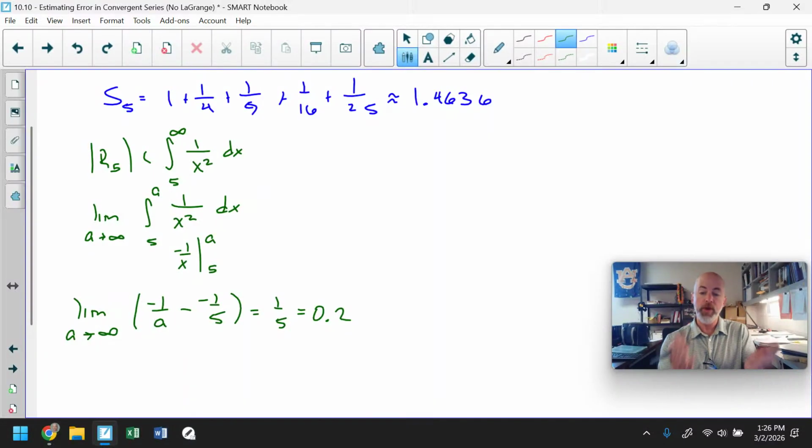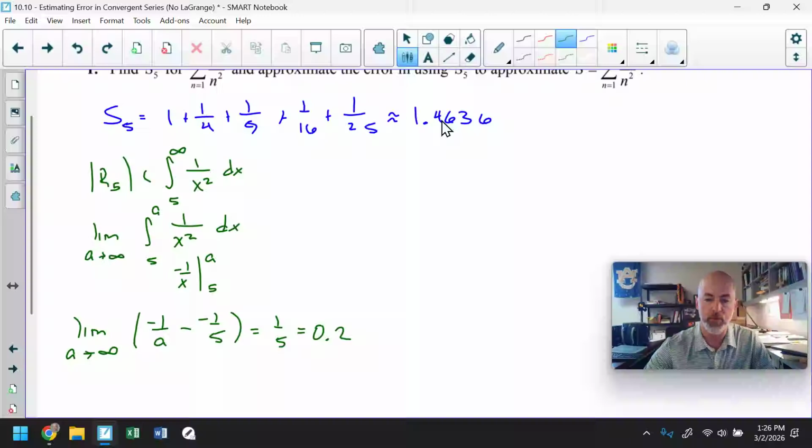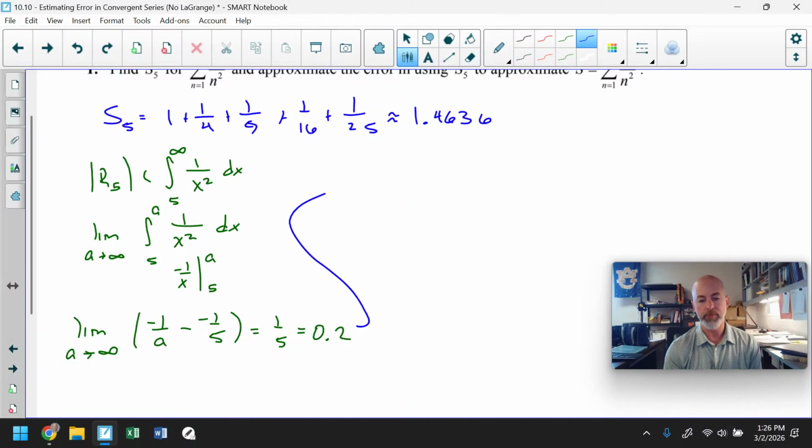Okay. So with that improper integral, I have found out that this partial sum up here, the 1.4636, is within 0.2 of the actual sum. And so now that I know what the error approximation is, I can say that the sum of the series must be less than my approximation, 1.4636, plus the maximum error.